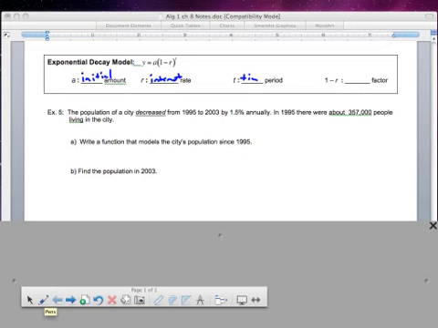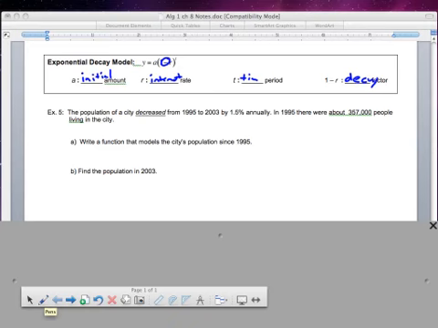It is now called the decay factor. Again, you'll notice the only difference is now instead of being 1 plus R, it's 1 minus R. Same concept. So again, still have to identify your A, still have to identify your R, and still have to identify your T.